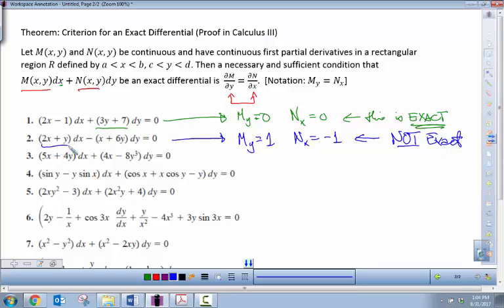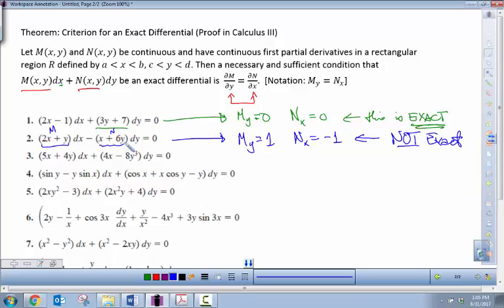I took the derivative of this function with respect to y. And 2x is a constant, so that's gone. The derivative of y with respect to y is 1. So My is equal to 1. And then now I take the derivative of this with respect to x.